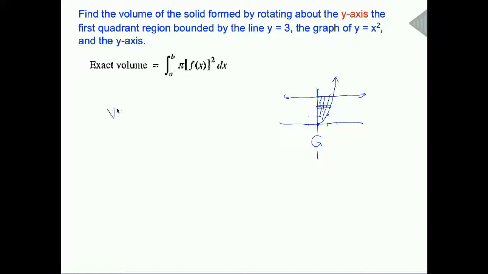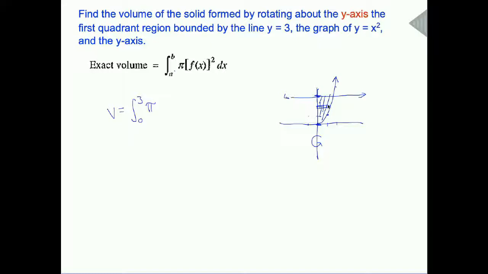So our volume, since we're going around the y-axis, is the integral. This is going to be in terms of y, so we're going from y equals 0 to 3, pi.